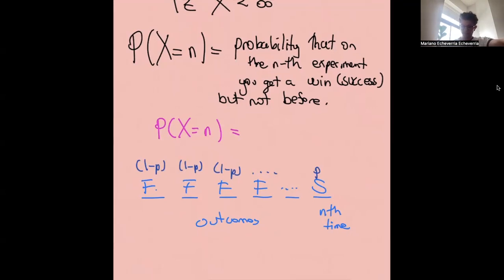So you get (1 minus p) to the n minus 1, because you got n minus 1 failures, times p, or q to the n minus 1 times p, if you remember that q was 1 minus p. Is that making sense?